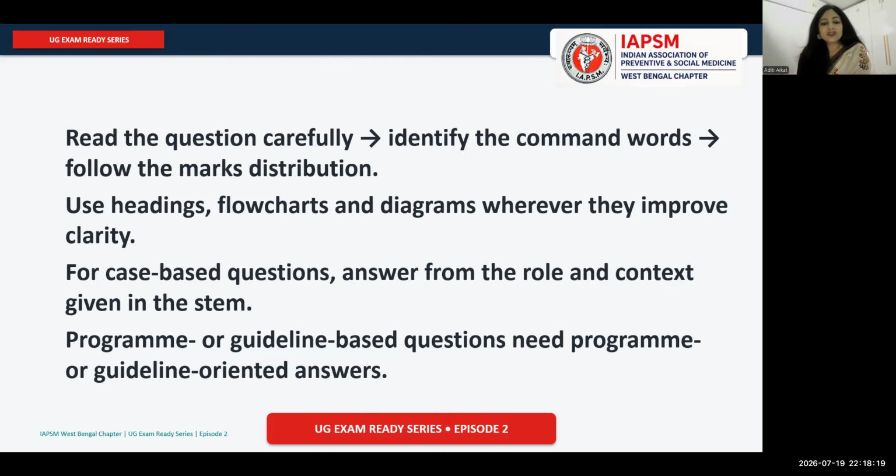For case-based questions, answer from the rule and context given in the stem so that it really addresses what it is supposed to. And for program or guideline-based questions, please stick to the national programs instead of just the generic textbooks.